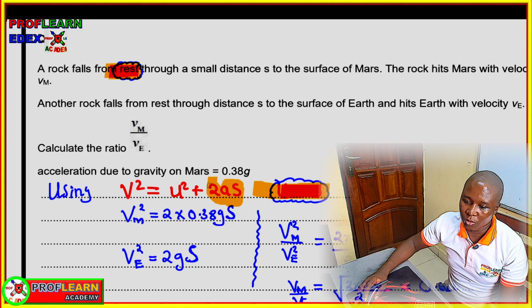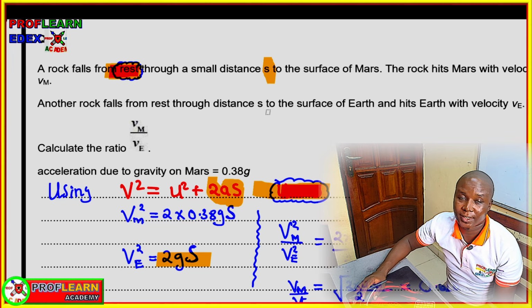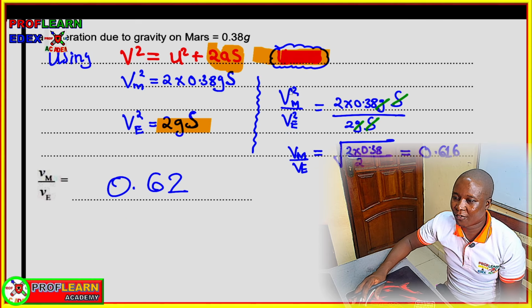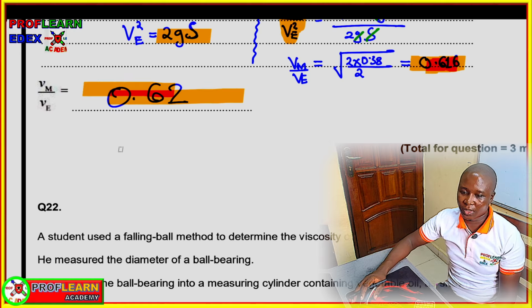So to work out v squared, you'll just use 2gs, 2 times gravity times the distance, which is denoted as s here. Once you've done the correct substitution, don't forget to find the square root of this, and if you work it out, you're going to get 0.62 as the ratio of velocity on Mars over velocity on Earth.